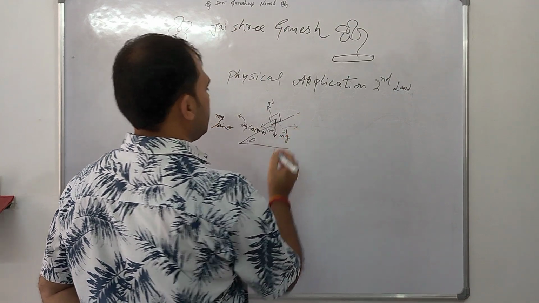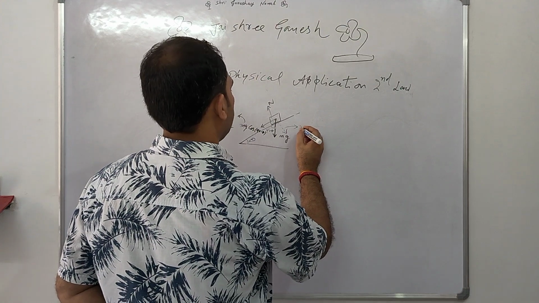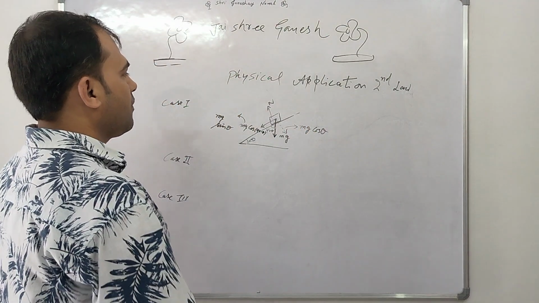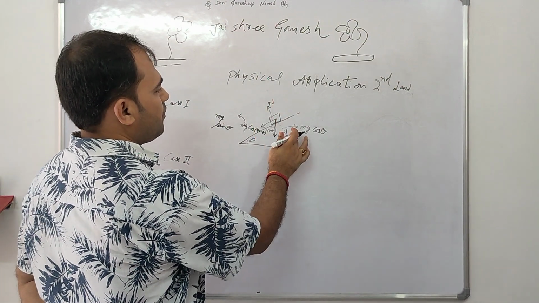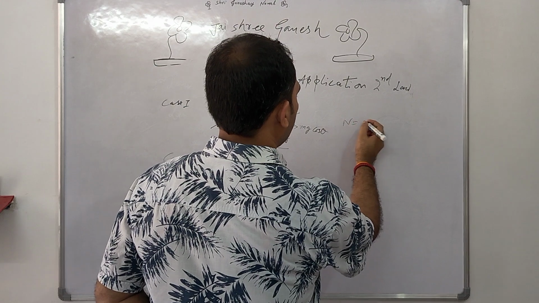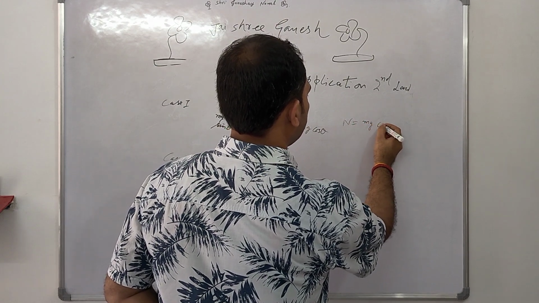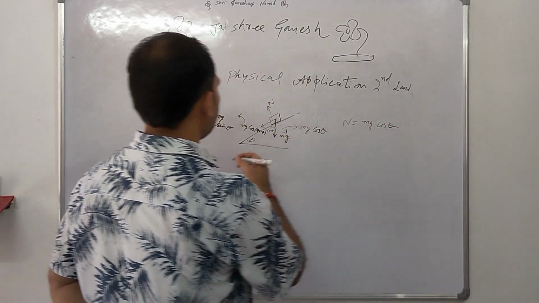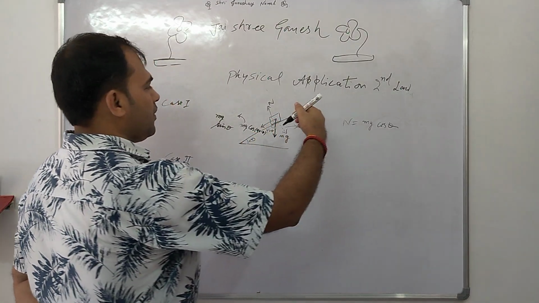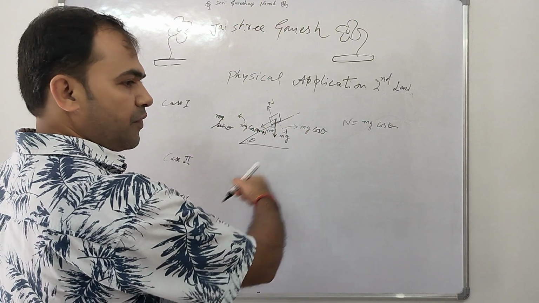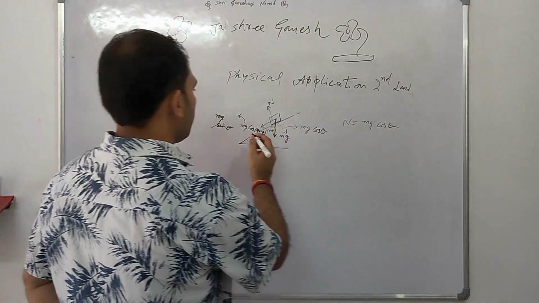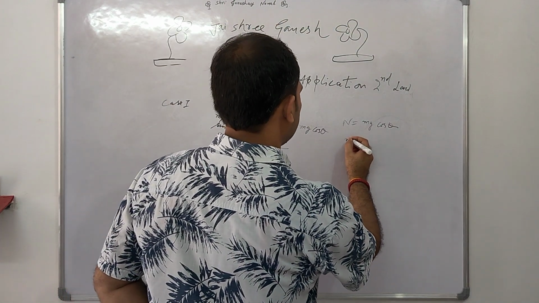Again, this will be equal to mg cos theta. This will be balanced by the normal reaction, so N will be equal to mg cos theta, and the resultant force along the plane will be mg sin theta.